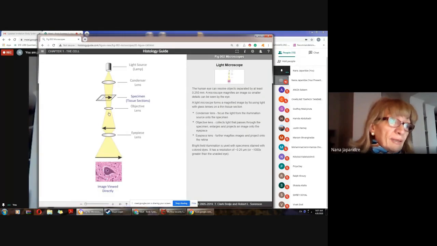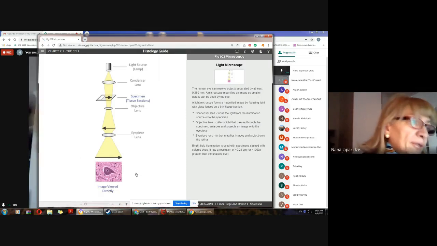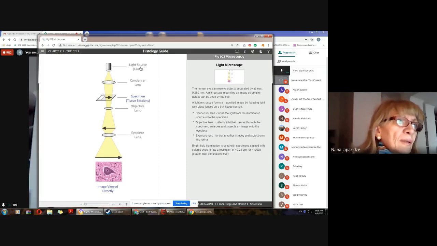Then we have objective lenses, which first magnify the image and send it to the eyepieces, which are also a set of lenses that magnify the image additionally, and finally our eyes are able to see the field of vision. This is a very brief, superficial description of the light microscope.